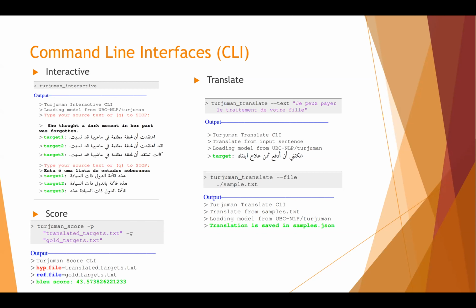TURJUMAN translate supports all decoding methods and arguments, so you can try whatever you would like to translate. And also, we provide a score command to easily compute your BLEU score between the source, the translated target, and the gold translation.